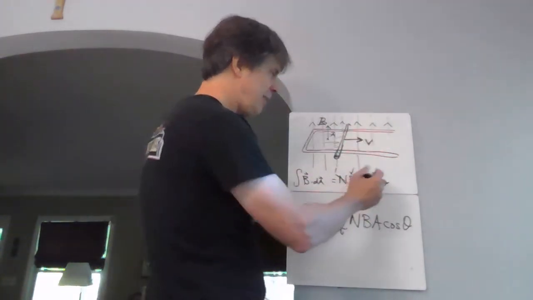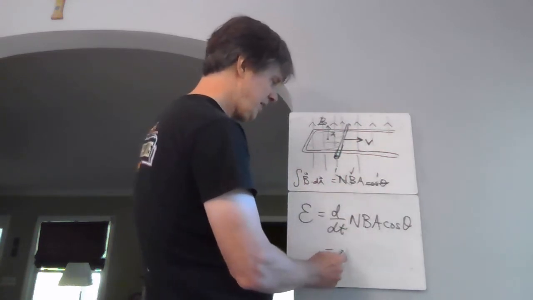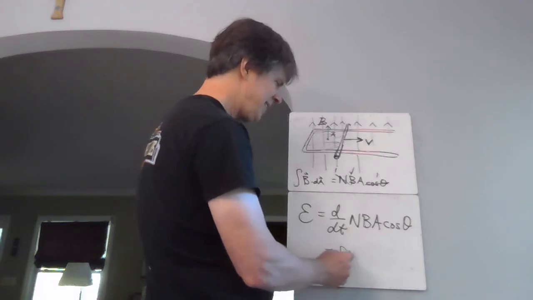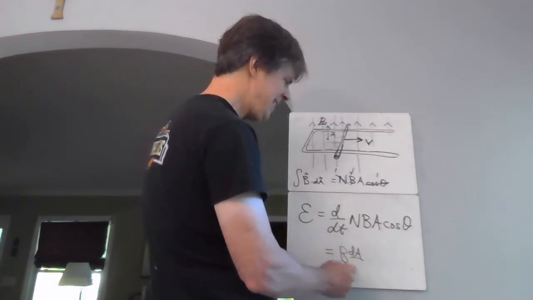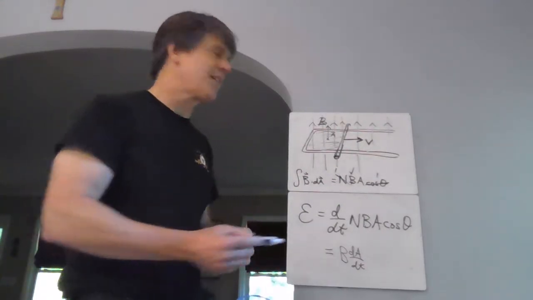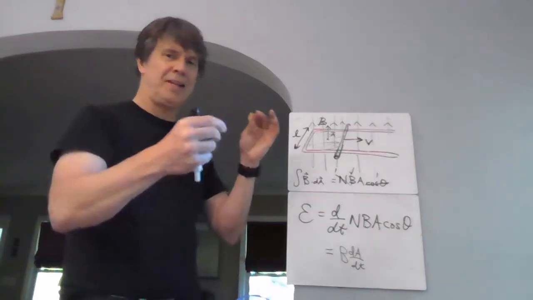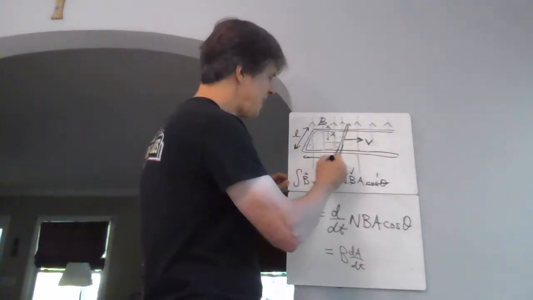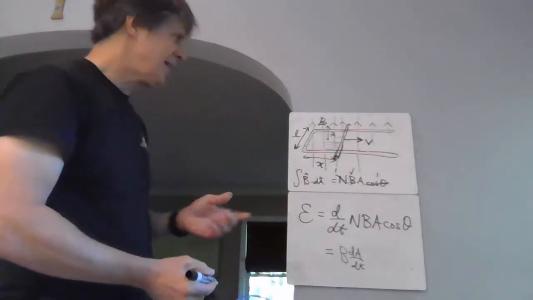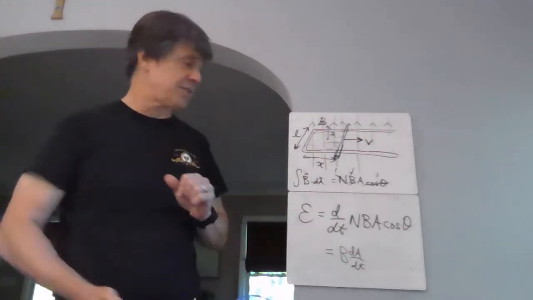Now this is one, and this is one, and this is just B. So I'm talking now about d/dt of NBA cosine theta being none other than B times dA/dt, where A is the area. But look what the area consists of. It consists of this length L times this x. The length is constant, so you can take it out front of the derivative.